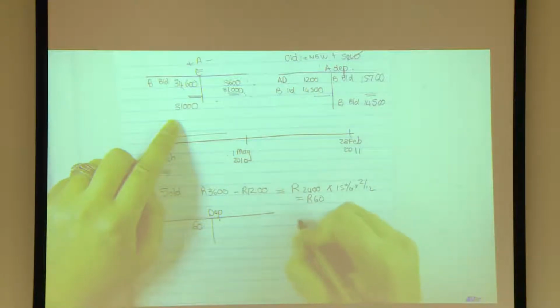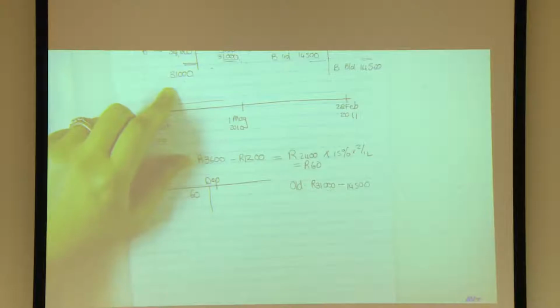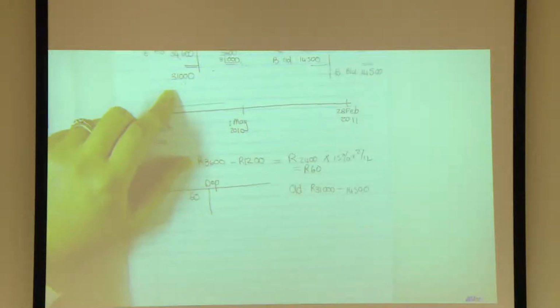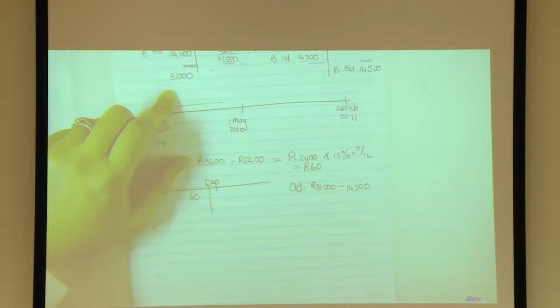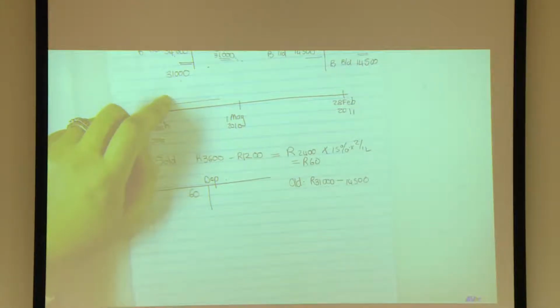So to work out the depreciation on the old, we're going to say 31,000 minus 14,500. Why? Because we need the book value. What is the book value? Good. So 16,500 times 15%, what is the depreciation on the old?